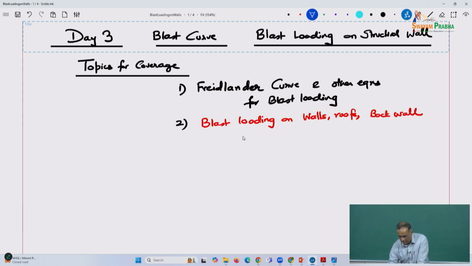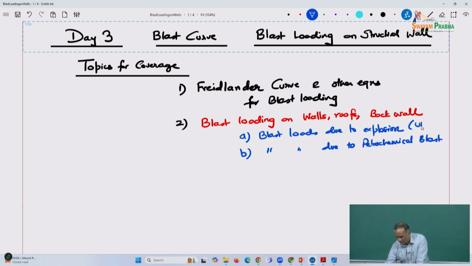We'll look at two different types of loads: blast loads due to explosion, where you'll see we've made some comparisons, some differences but a lot of similarities as well, and blast loads due to petrochemical blast.